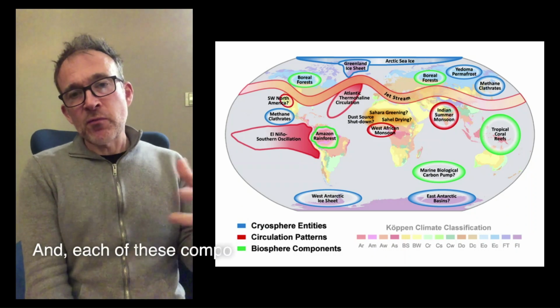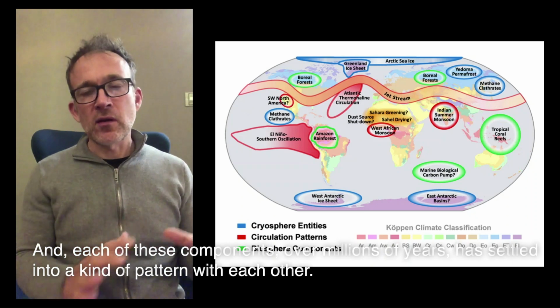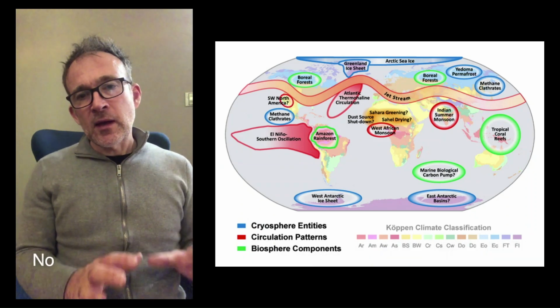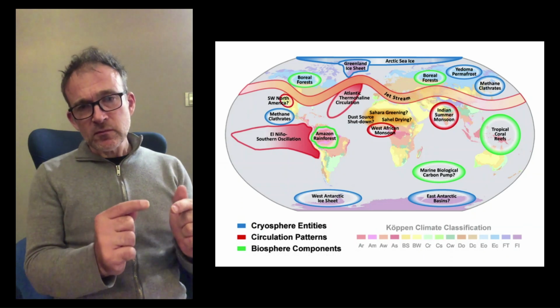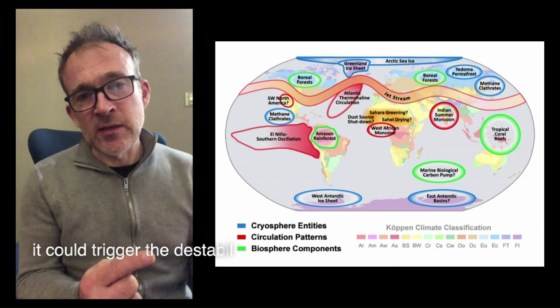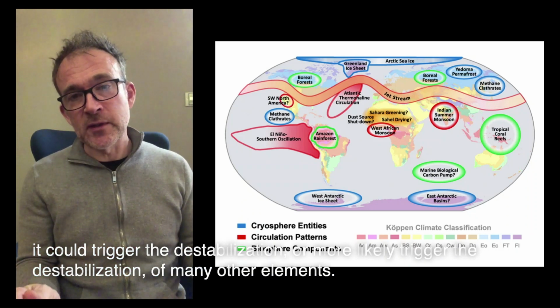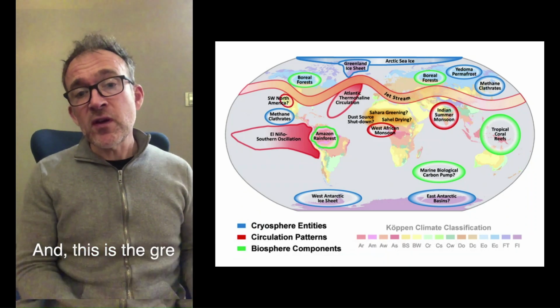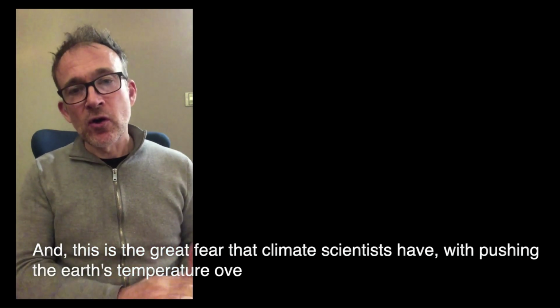And each of these components over millions of years has settled into a kind of pattern with each other. Now, if any one of those elements destabilizes, it could trigger, or will likely trigger, the destabilization of many other elements. And this is the great fear that climate scientists have with pushing the Earth's temperature over 2 degrees.